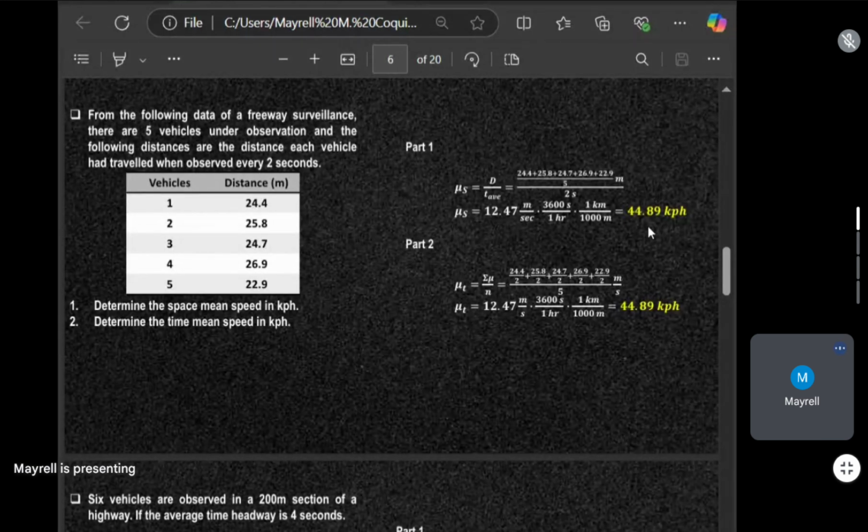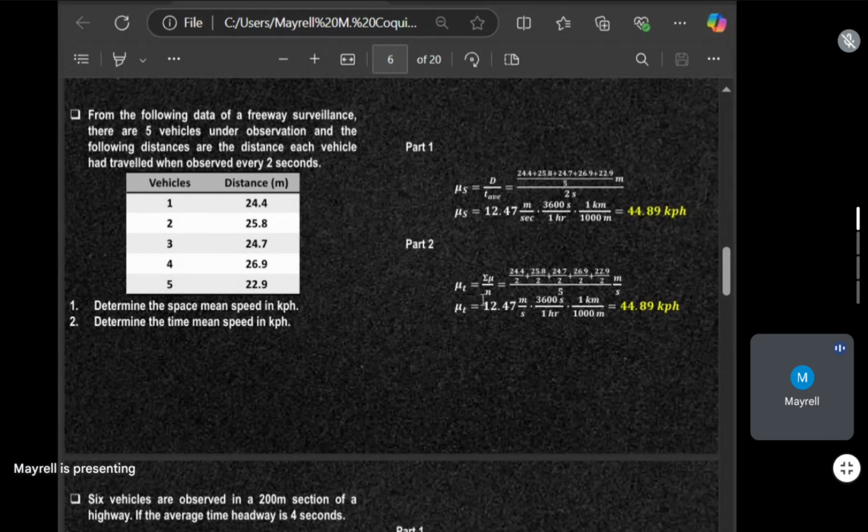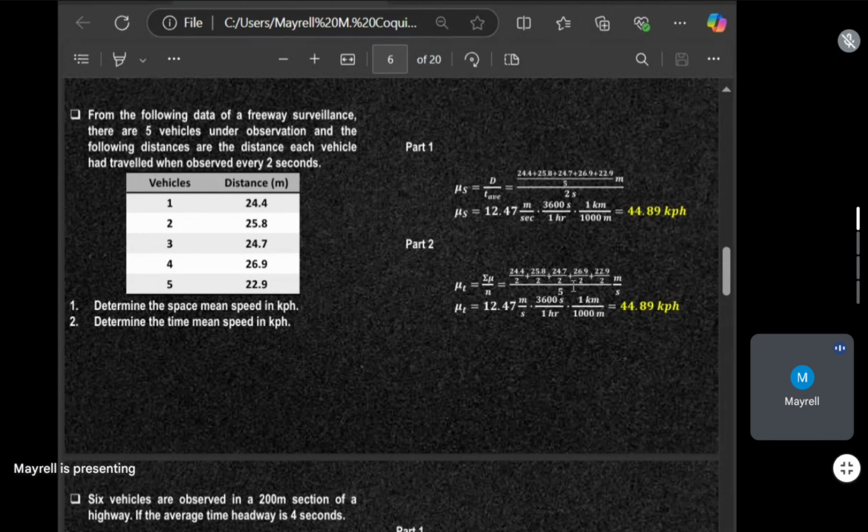kph. So part 2 for the time mean speed. So summation of mu over n, so summation of mu s of every vehicle. Okay, so distance over time, you have 24.2 over 2 plus 25.8 over 2 plus 24.7 over 2 plus 26.9 over 2 plus 22.9 over 2, all over the number of vehicles, which is 5.